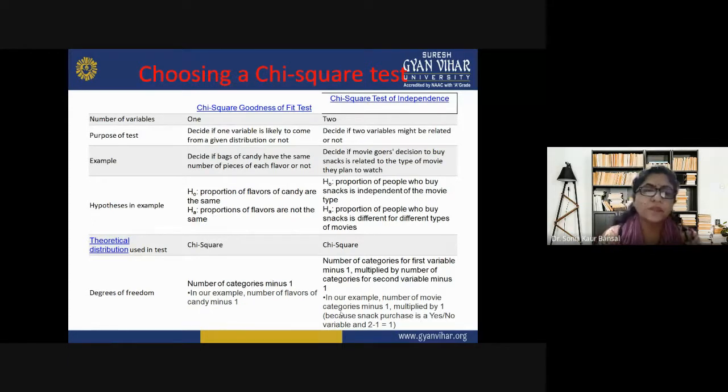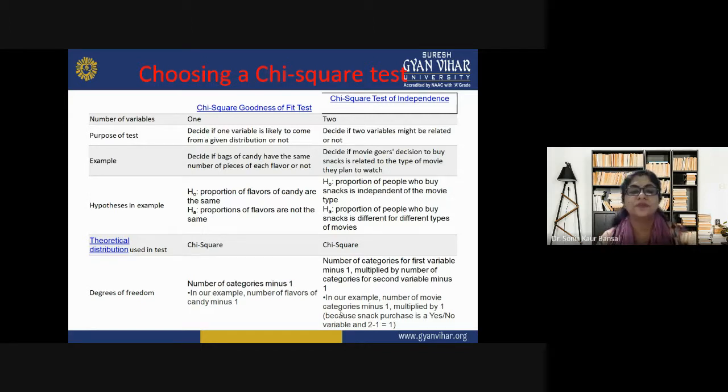Then the third basis is the hypothesis in the example. Hypothesis: the proportions of the different flavors of candies are the same. Maybe there is the same flavor. How much is it? Maybe the strawberry flavor in each candy is the same or different. So you are going to check with the goodness of fit test.